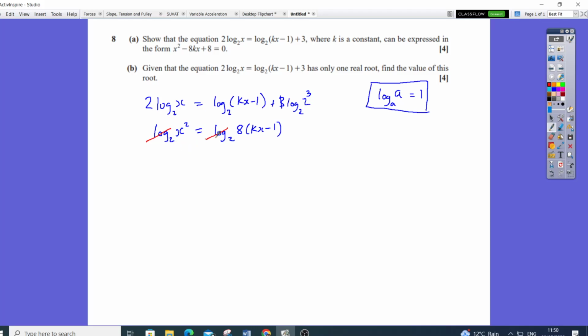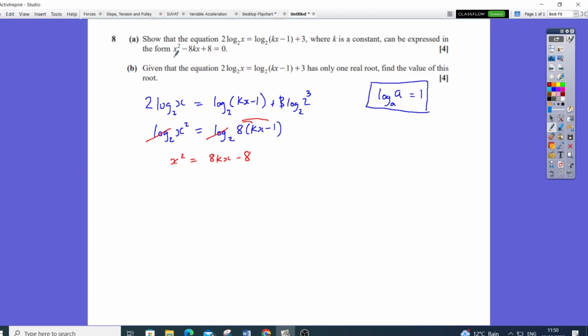Now once you've done that, you can state that x squared is equal to this bracket here, which is going to be 8kx, and you multiply it out, minus 8.